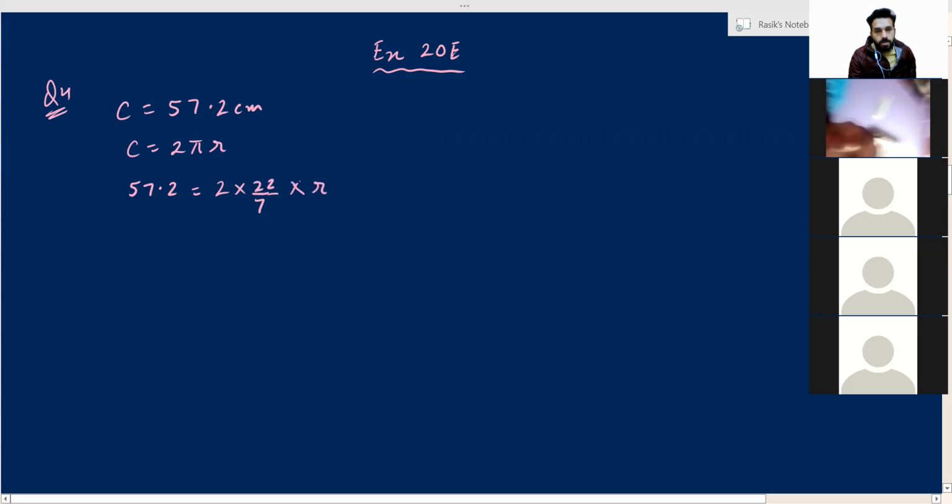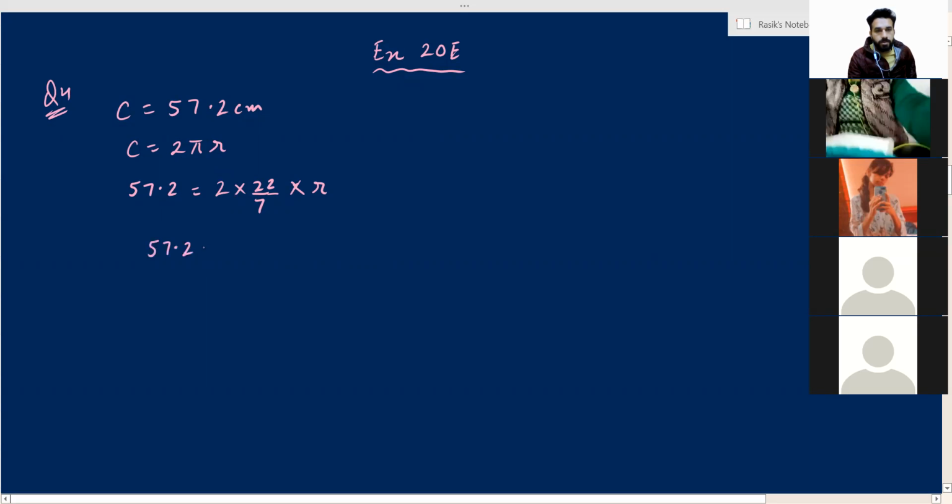Okay. So we can use the same formula to find radius. If the circumference is given and you have to find radius, you can use the same formula. Putting the value of circumference, we can form an equation and find r. 57.2 into 7 upon 2 into 22 is equal to r.